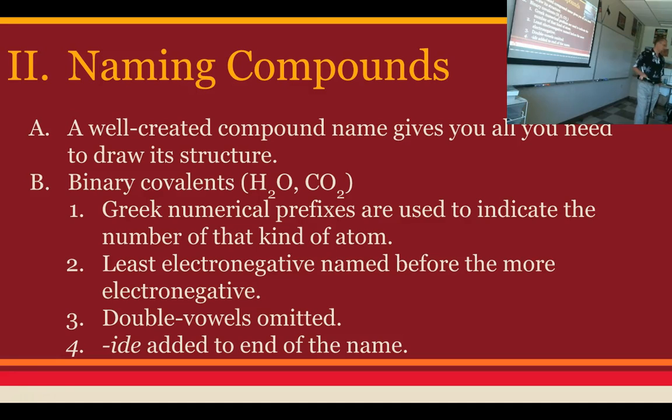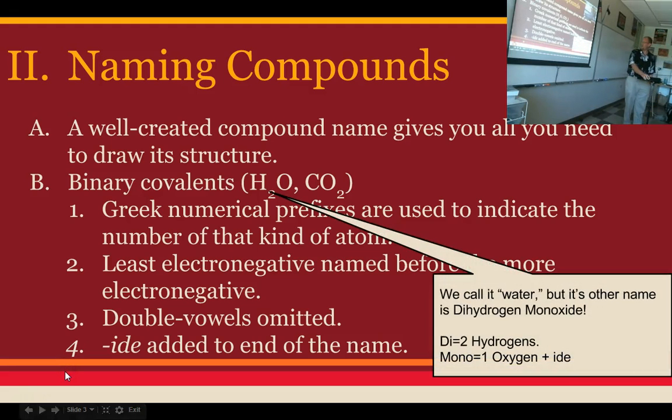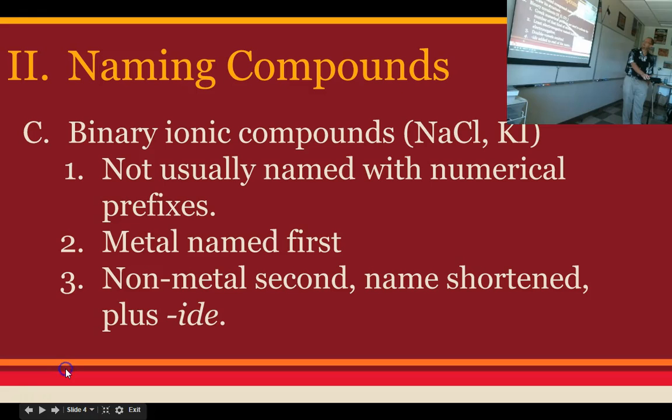BeP3. Yeah, good. So not hard to do this stuff. So we call it water, but its other name is dihydrogen monoxide, right? Okay. And carbon dioxide, carbon assumed to be one unless it's specified, di-oxygen, so there's two oxygens. That's how we do it.